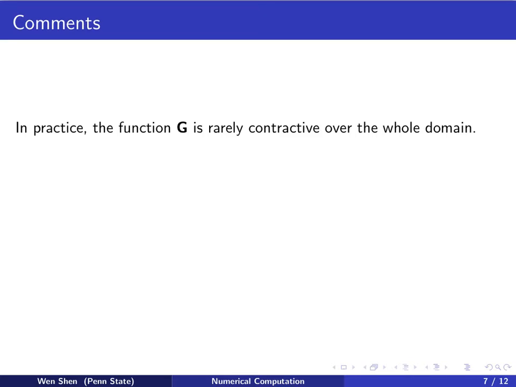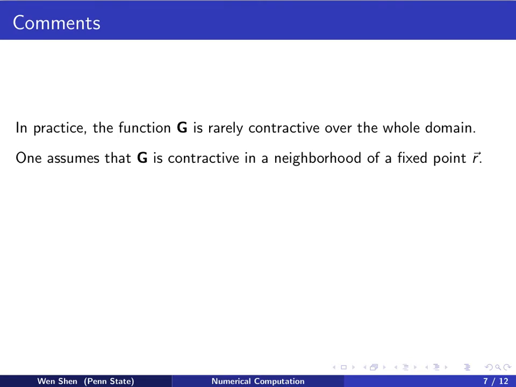We now give some comments. In practice, the function g is rarely contractive over the whole domain because it's a nonlinear function. So one would assume that g is contractive in a neighborhood of a fixed point r.